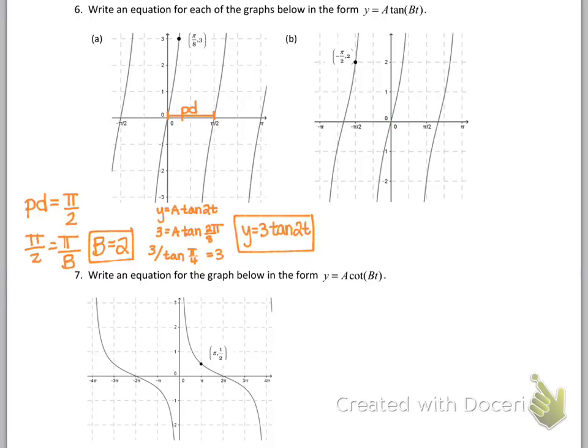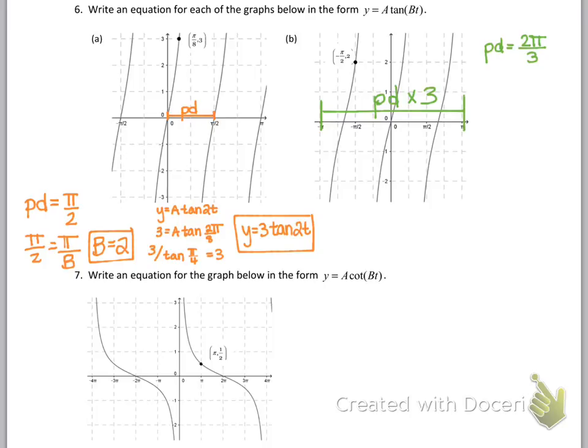So I can identify that from negative pi to pi, I have not 1, not 2, but 3 periods. We're going to use that interval, which from negative pi to pi is 2 pi, and divide it by 3. So my period equals 2 pi divided by 3.